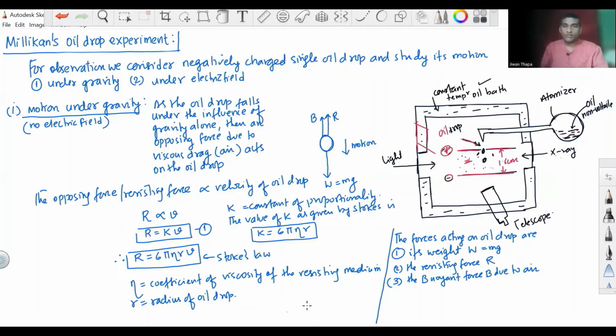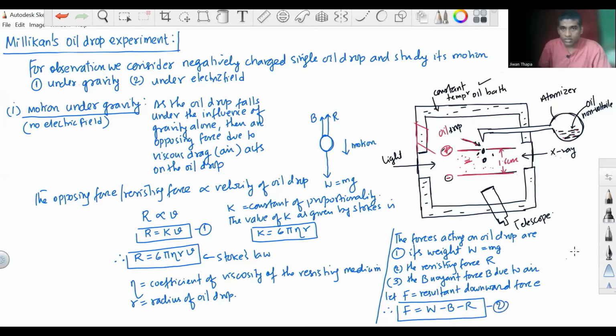The oil drop is moving down, so it has downward acceleration. Let F be the resultant downward force. Therefore, F equals W minus B minus R. Let us call it equation number 2.